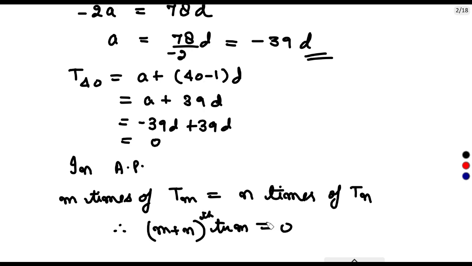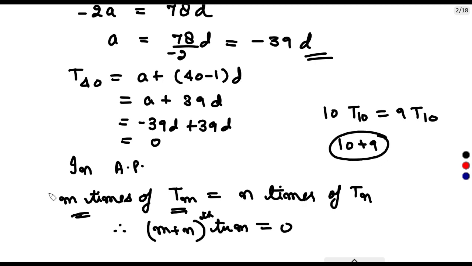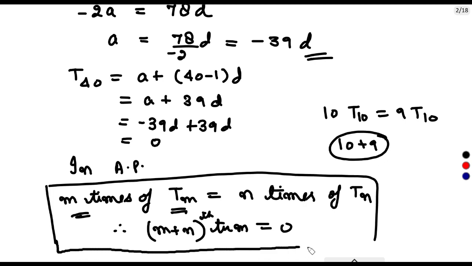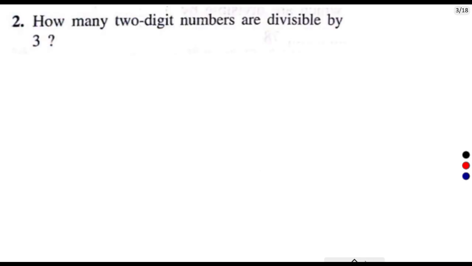It means if 10 times of 10th term is equal to 9 times of 9th term, then its m plus n means 19th term will be 0. This result will be helpful for MCQs and for competitive examinations. Come to next question.